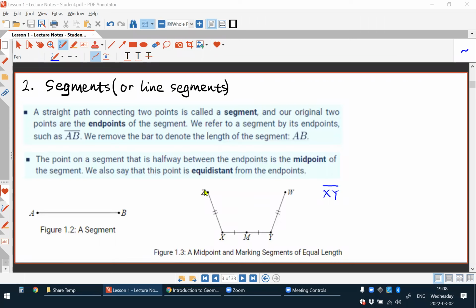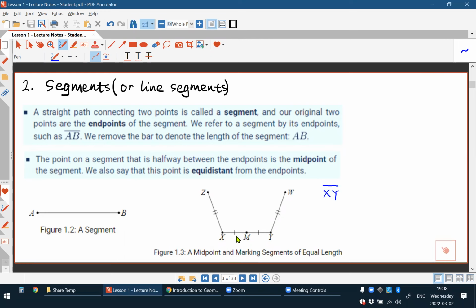Okay, sometimes to denote that 2 segments are equal, you can put a stroke on this segment. For example, if you want to denote that XM equals MY, you can put a stroke here, right?